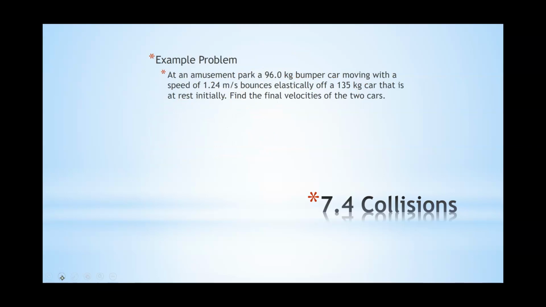All right, so let's go ahead and do an example problem here with an elastic collision. We have an amusement park with a 96-kilogram bumper car moving with an initial speed. This goes ahead and tells us this is already our first object. So m1 is equal to 96 kilograms. v1I is equal to 1.24 meters per second.